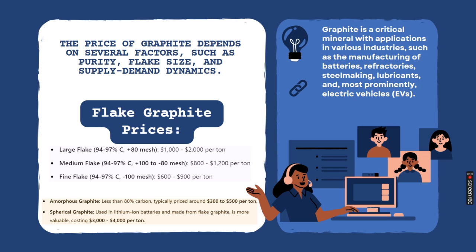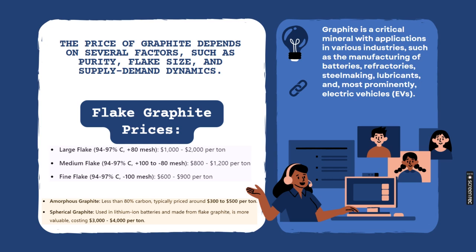Then for medium flake, that is 100 to 80 mesh, that is 800 to 1200 US dollars per ton. And flake size less than 100 mesh also has a price of about 600 to 900 dollars per ton, it ranges.